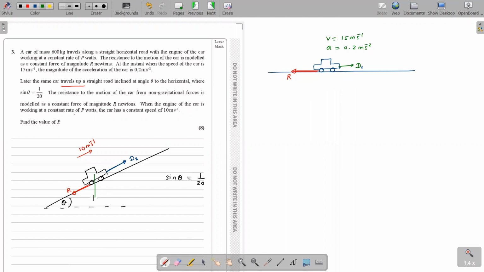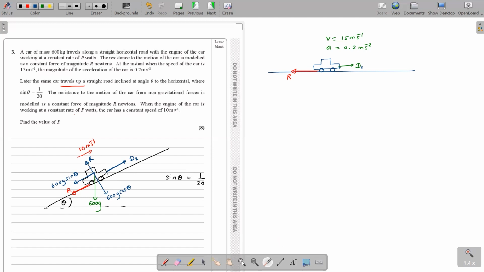The weight is 600g, and the components are 600g cos theta and 600g sin theta. Don't forget the normal reaction. So these are all the forces: the weight components, the resistive force, the driving force, and the normal reaction.